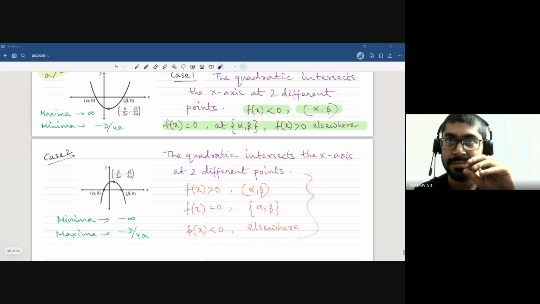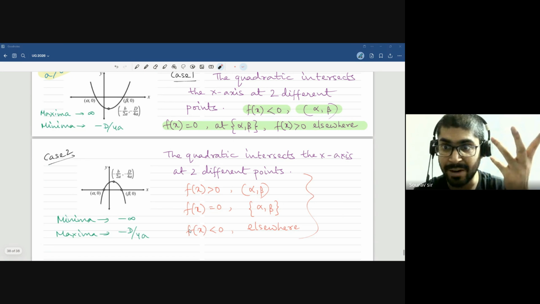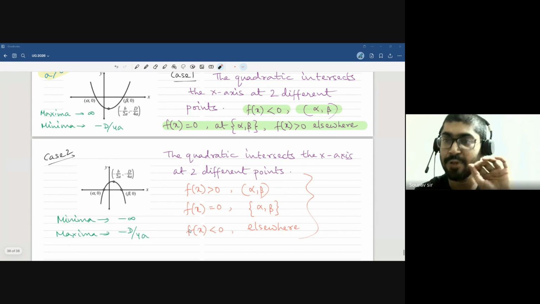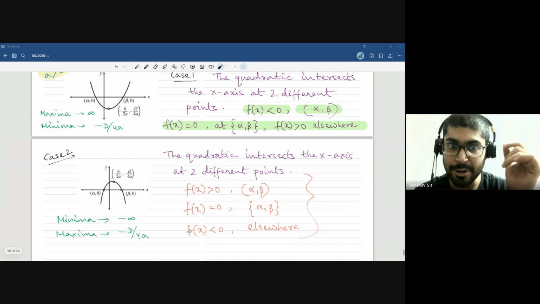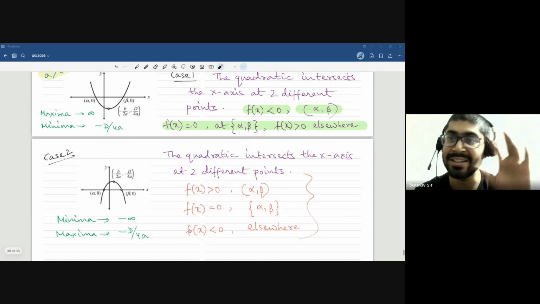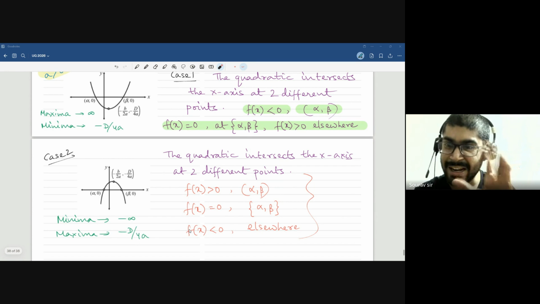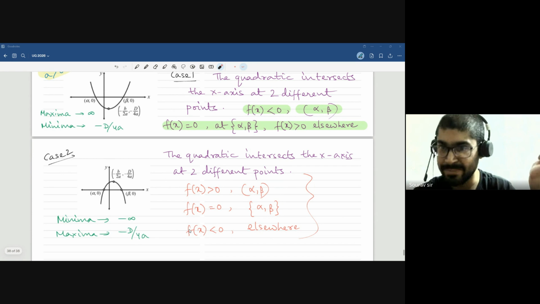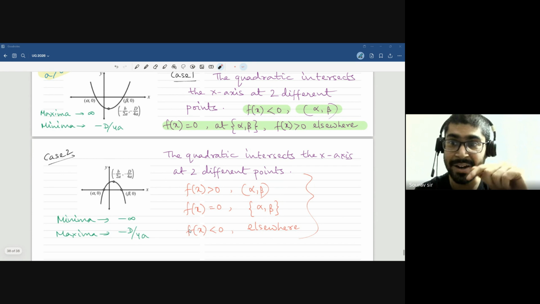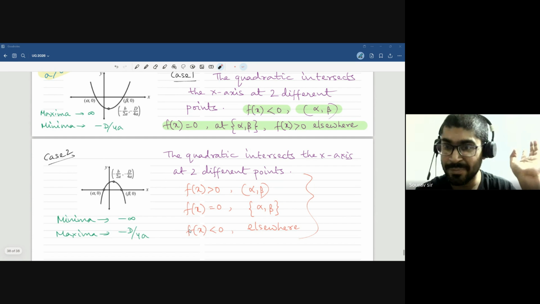Sometimes you would not be asked whether it is maxima or minima, and you might have to know it to move forward in the problem. So what can you do? You know that the extreme value will be minus D by 4a and the location is at minus b by 2a. So let's say minus b by 2a turns out to be something like minus 4 or minus 3. So you calculate the value of the quadratic equation at 0.